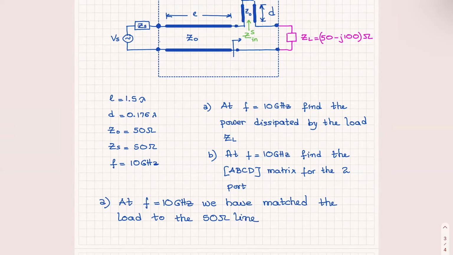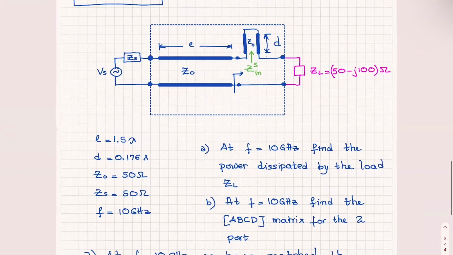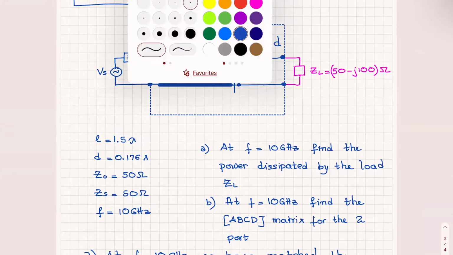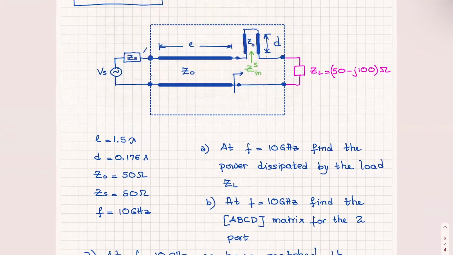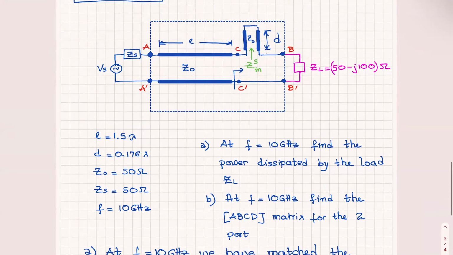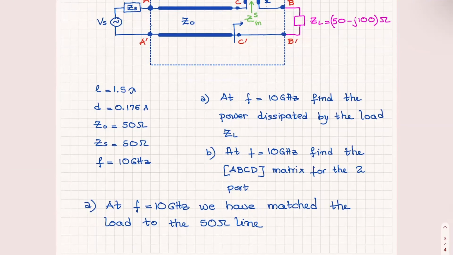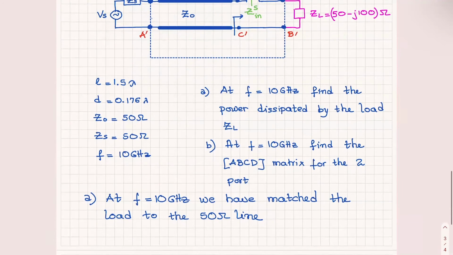Okay, so if I call this A prime, and I call this B prime, and I call this C prime, anywhere on the line that has length L.